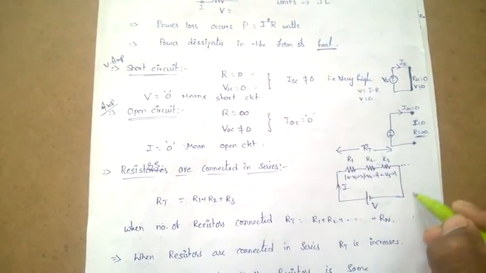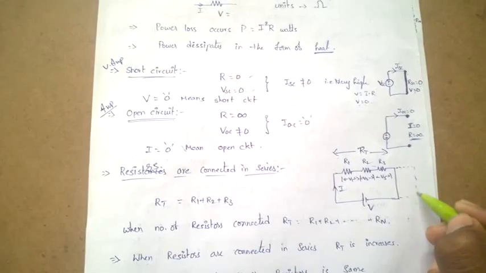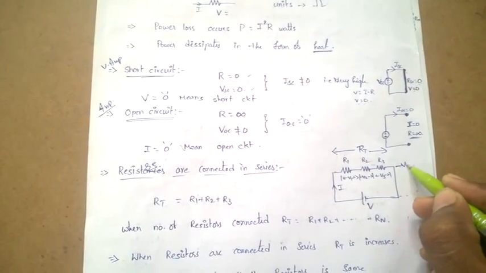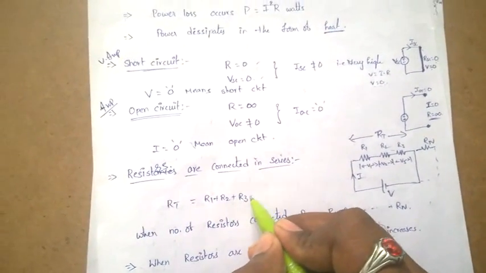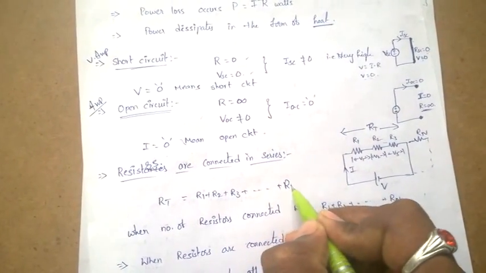For n resistors, RT equal to R1 plus R2 plus R3 and so on plus Rn.